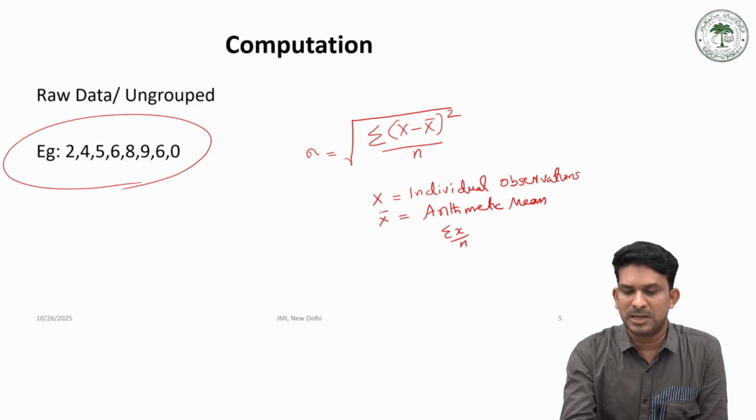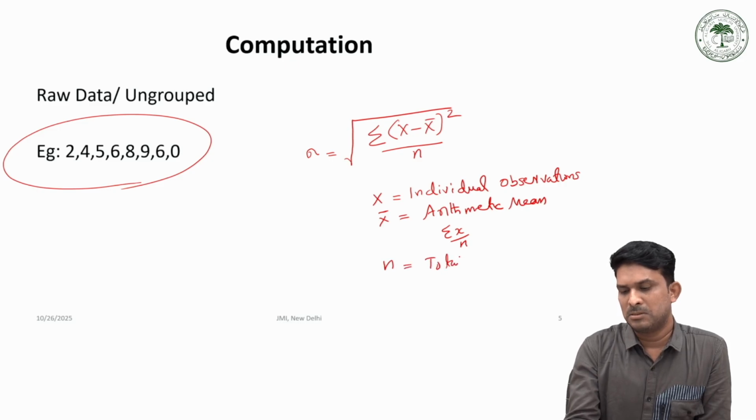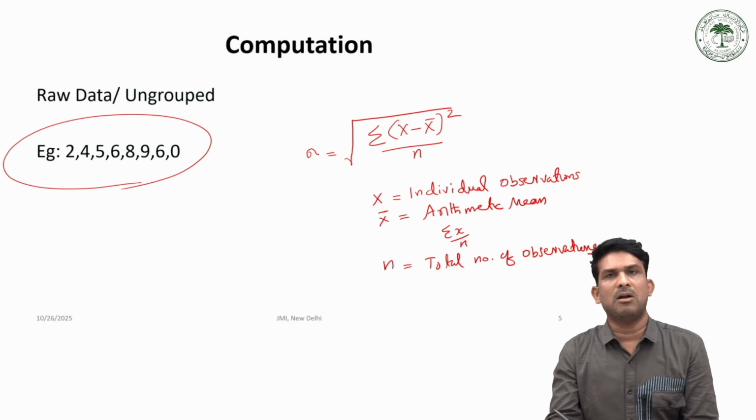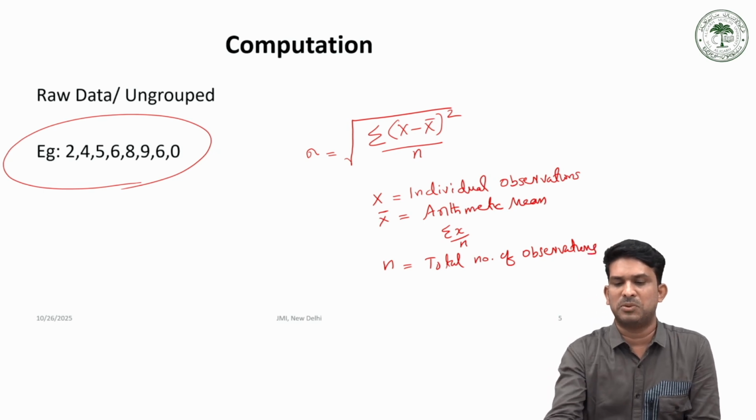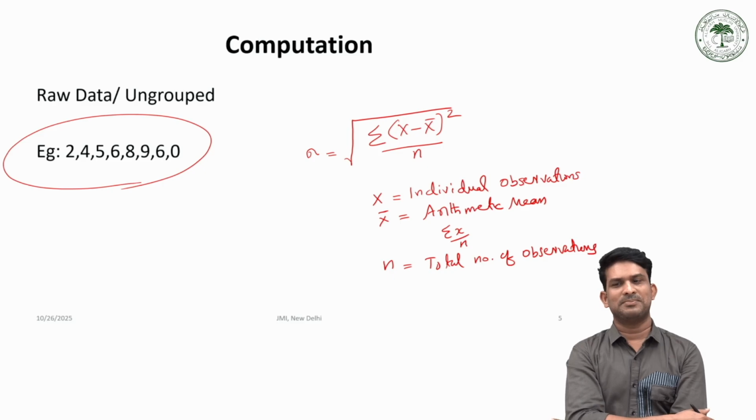Then what is needed extra? N, right? N is total number of observations. Clear? All the terms we have. Then we have square and square root, divided by. These are the operations, right?